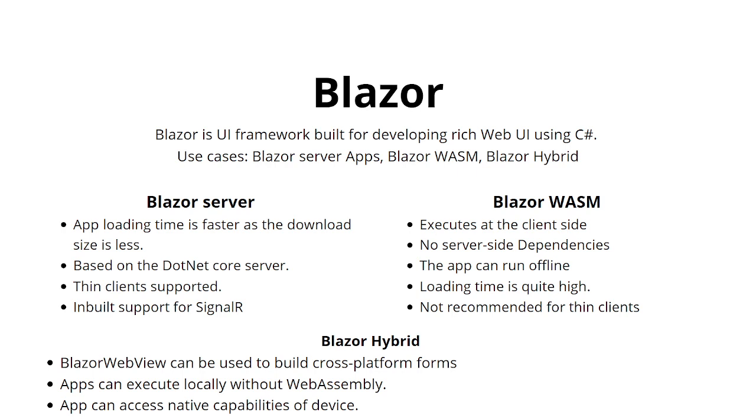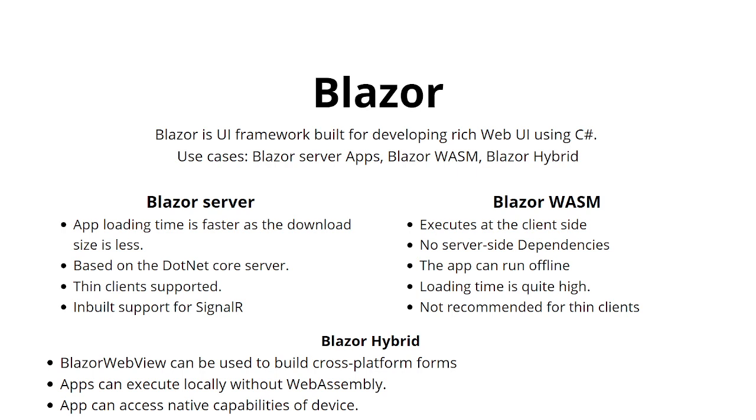And it has its own web view, which we call Blazor WebView. And the good thing is it works without WebAssembly. Blazor WebView does not require WebAssembly to be downloaded, and hence it's so fast. The app can access the native capabilities through Blazor WebView.